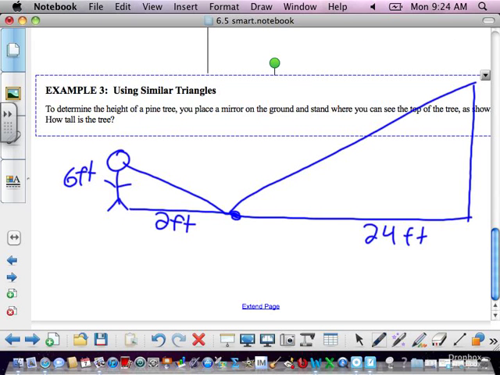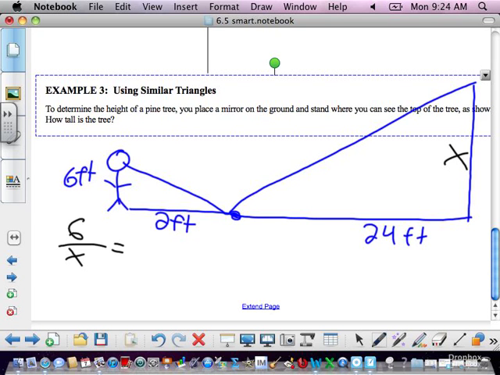How are we going to do that? We want to figure out how tall the tree is. So we've got our height over what? The distance between the mirror to the tree or the height of the tree? My height versus the height of the tree, which is x.